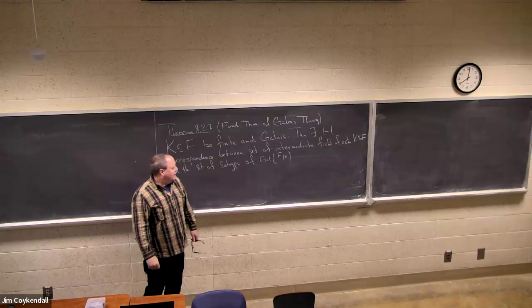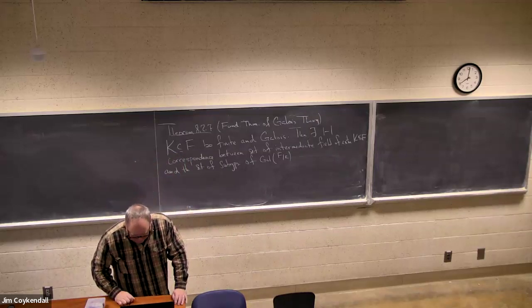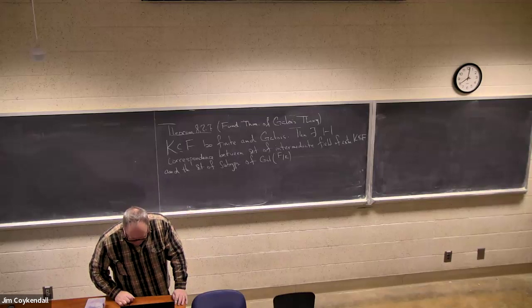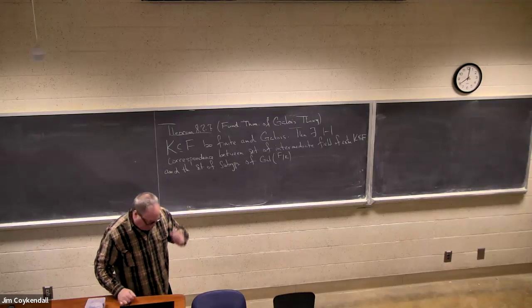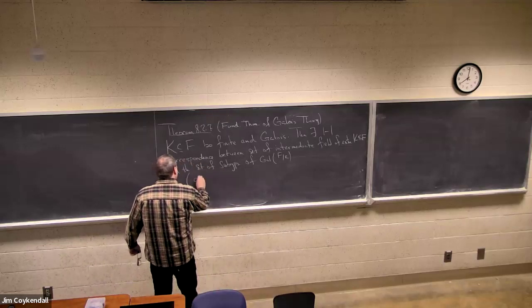So, given a subgroup of the Galois group, that corresponds to an intermediate field, and vice versa. And I will tell you how it's given.